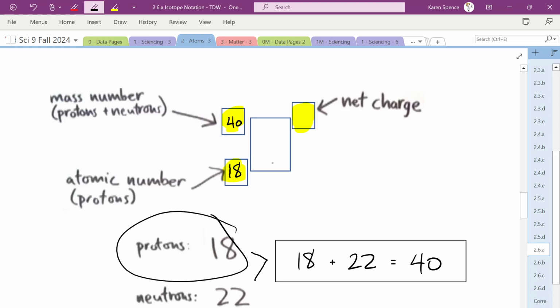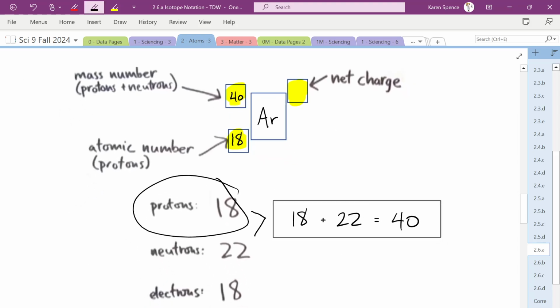Who do I put here? Argon. Argon is atomic number 18. And let's see what our electrons are. We have 18 protons, 18 positives, and we have 18 electrons, 18 negatives. What's the charge? 0.